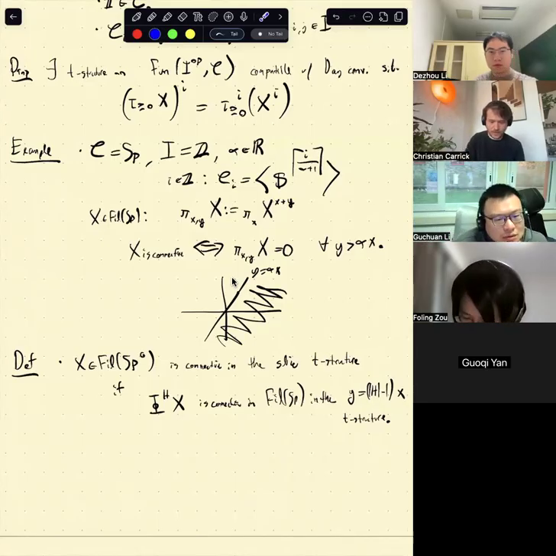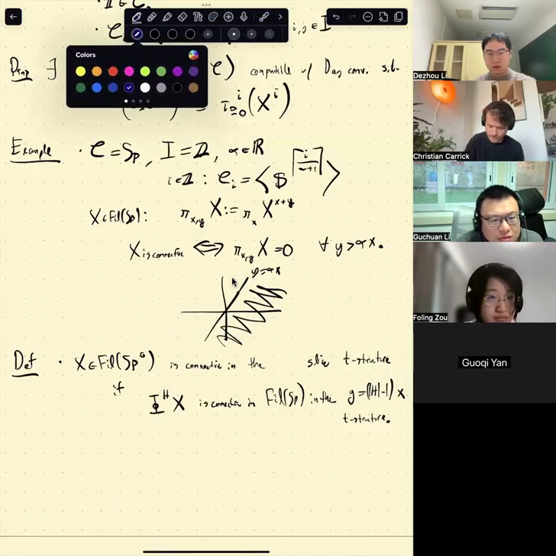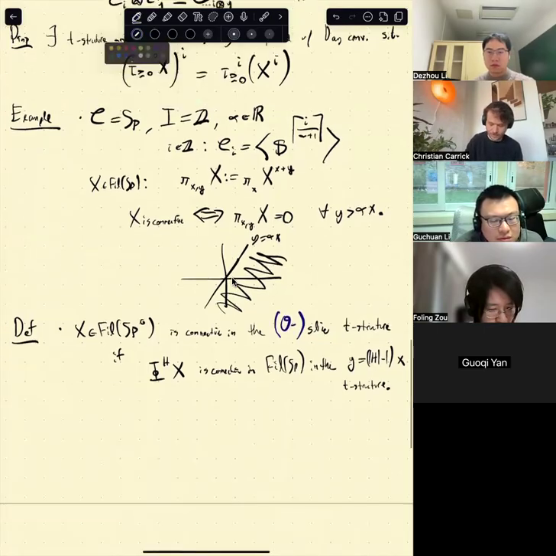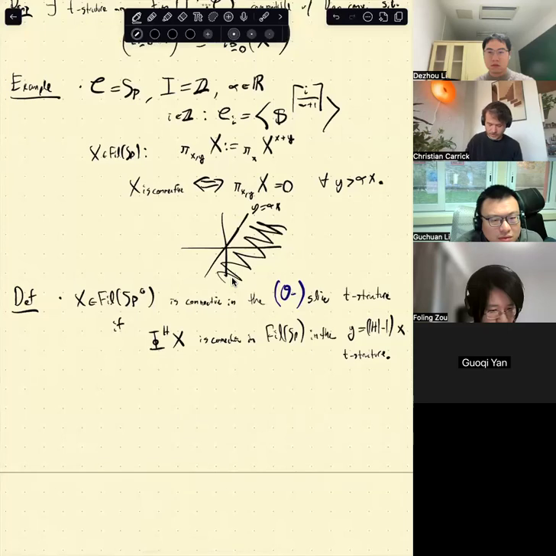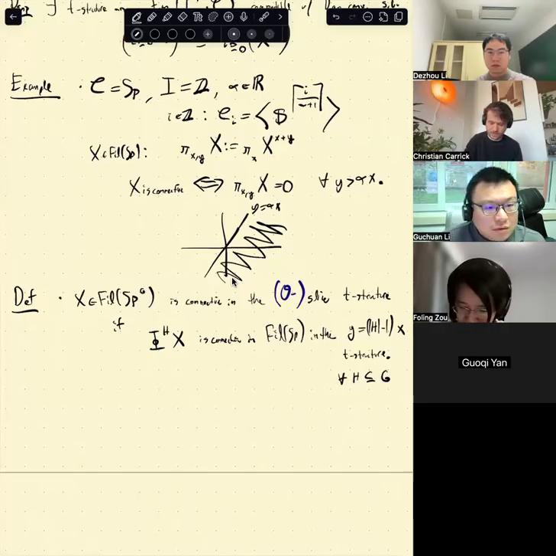And while I'm here, I want to also mention one closely related T structure that I will need, and I will explain later why I need this. But I want to call something the O slice T structure if the following holds. So here I want this connectivity for all subgroups H in G for the slice T structure.